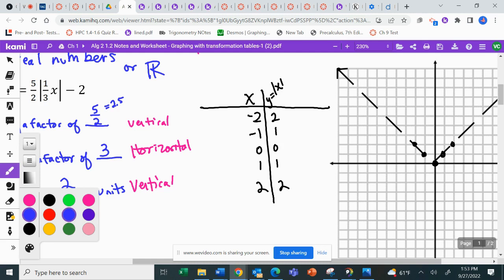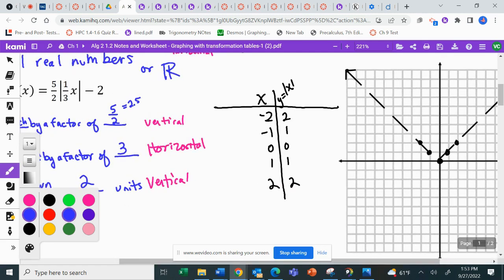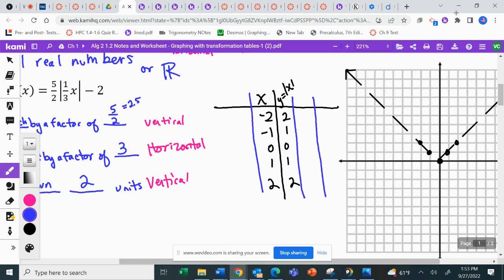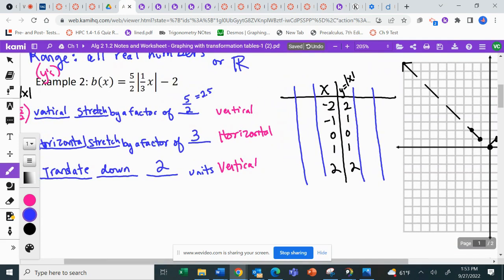Okay, so now we're going to do the transformation table. I'm going to look and see what transformations I wrote down, and I'm going to put those in their correct columns. The very first thing I wrote down was a vertical stretch by factor of, and then a horizontal stretch by factor of. What does that factor of mean? Multiplication. So we've got a vertical multiplication and a horizontal multiplication.